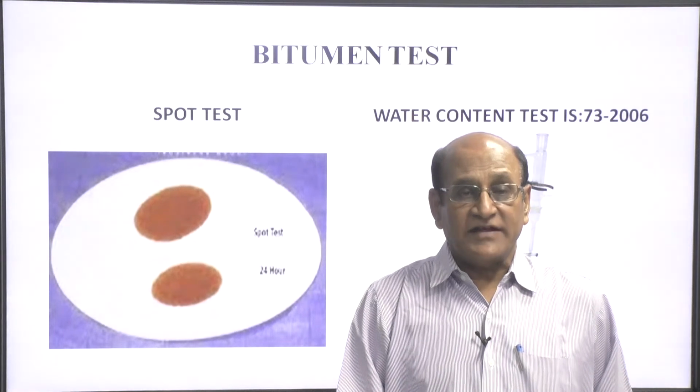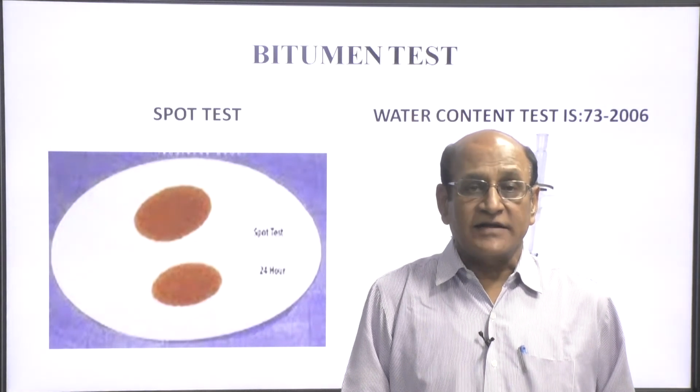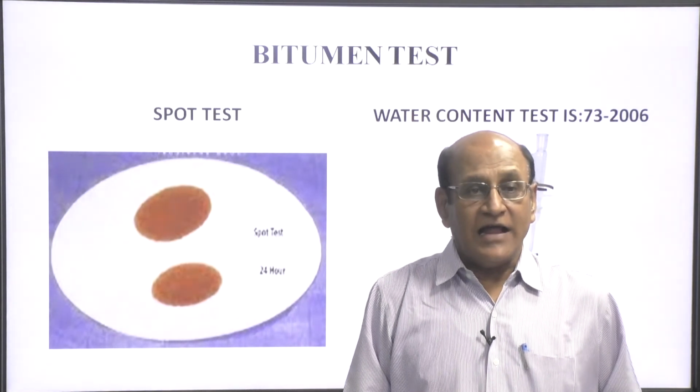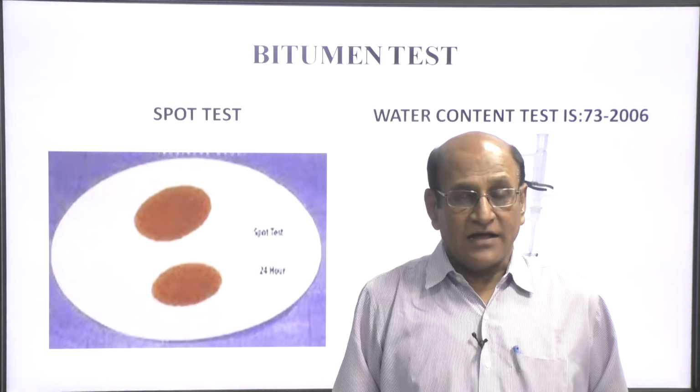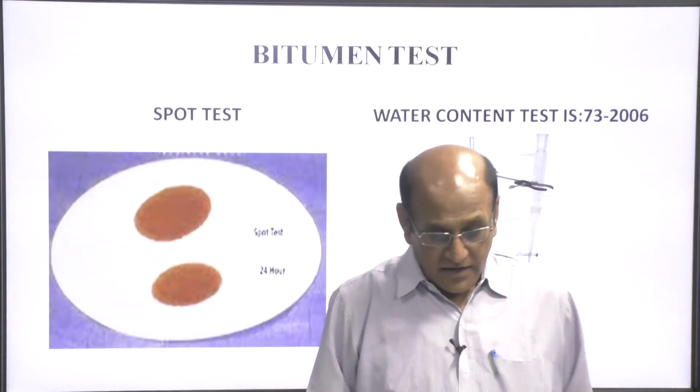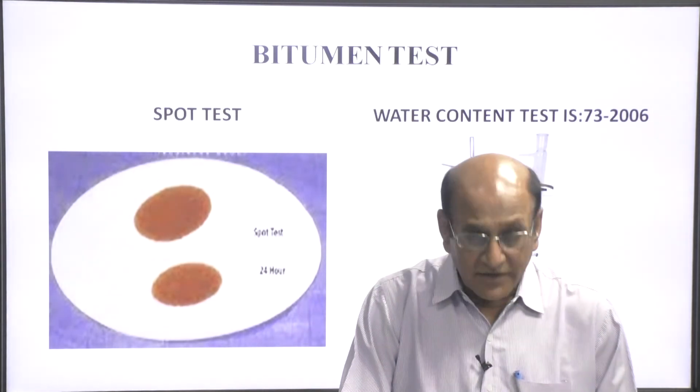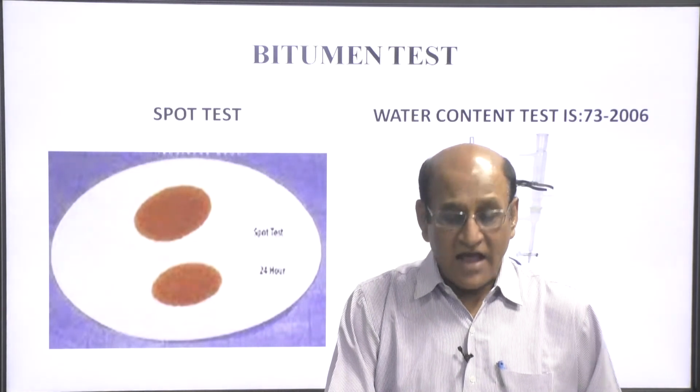After 24 hours, if the spot is regular in shape and color, then it is uncracked, and if there is some deformation in shape and color, then it is cracked.